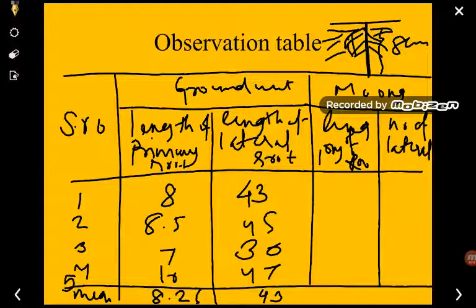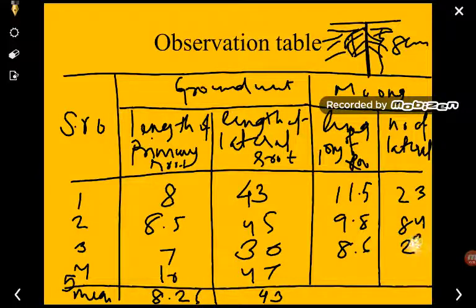Similarly here also, uprooting it, we find the primary root length as well as the number of lateral roots. So consider 11.5 and 23; 9.8 centimeters in length and it contains 84 lateral roots; 8.6 centimeters in length and it contains 22 lateral roots.